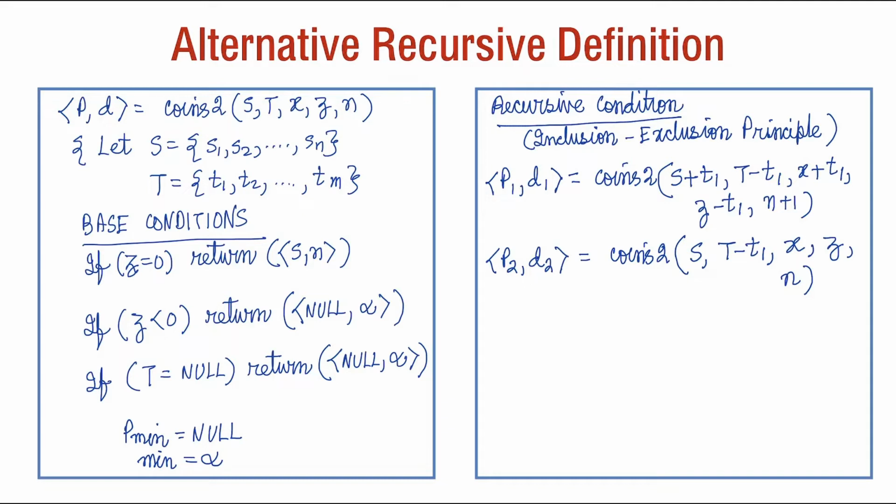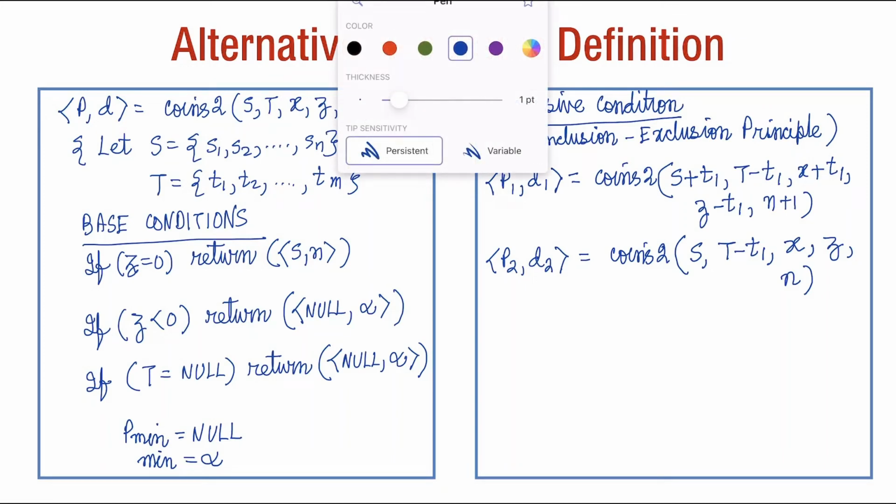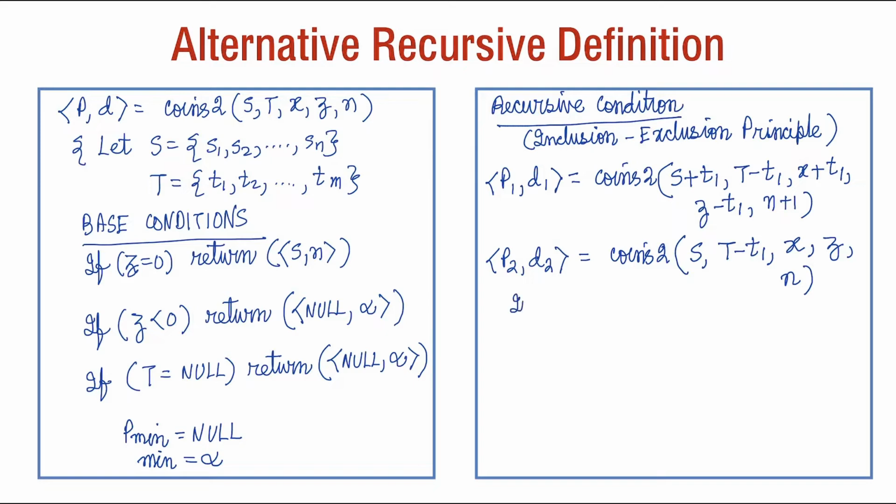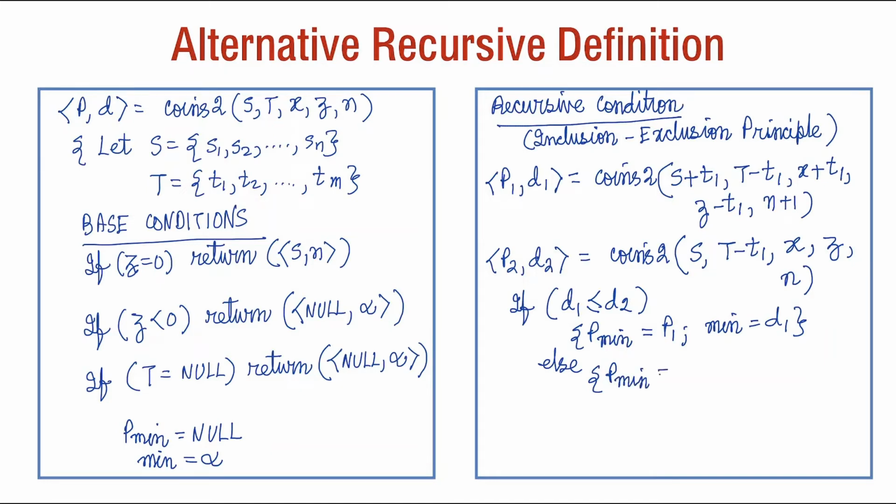So the method now is, if D1 is less than or equal to D2, I will make P min equal to P1 and min equal to D1, else P min equal to P2 and min equal to D2.